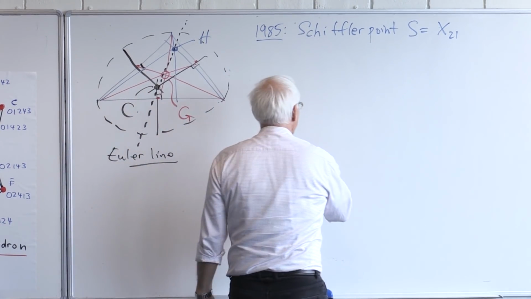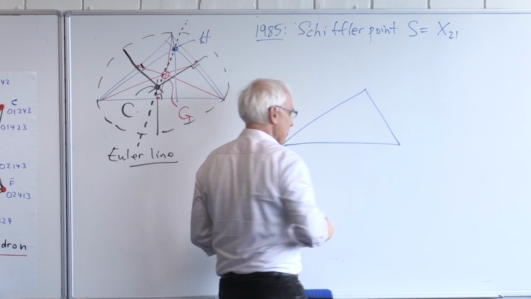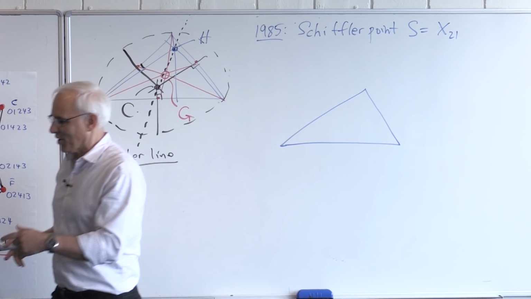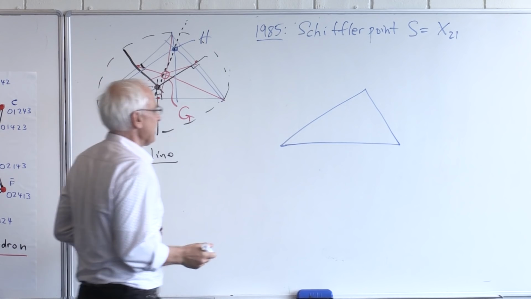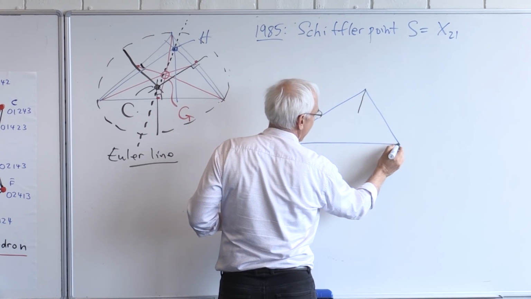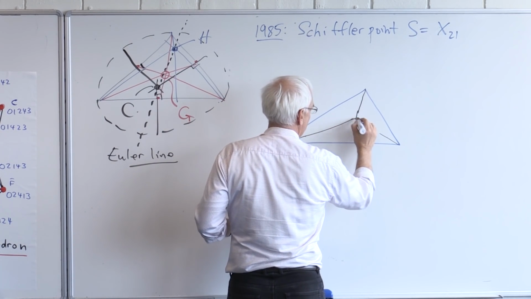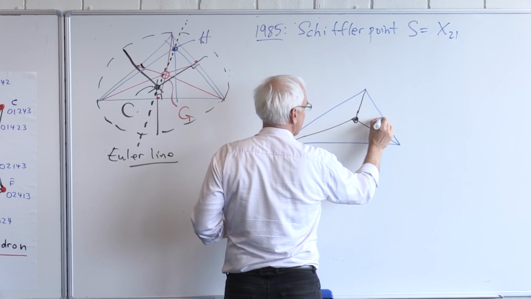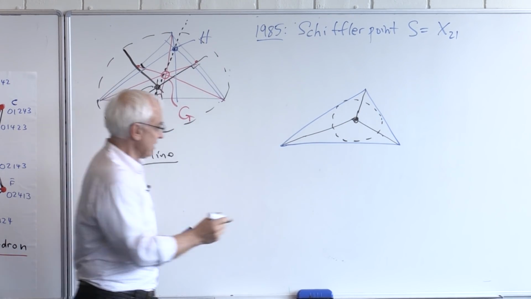So the story is this: if you have a triangle and you consider the other classical triangle point, which is the incenter. The incenter is what you get when you take angle bisectors, and they meet at a point which is the center of the circle that's inscribed in the sides of the triangle. So that's the incenter.